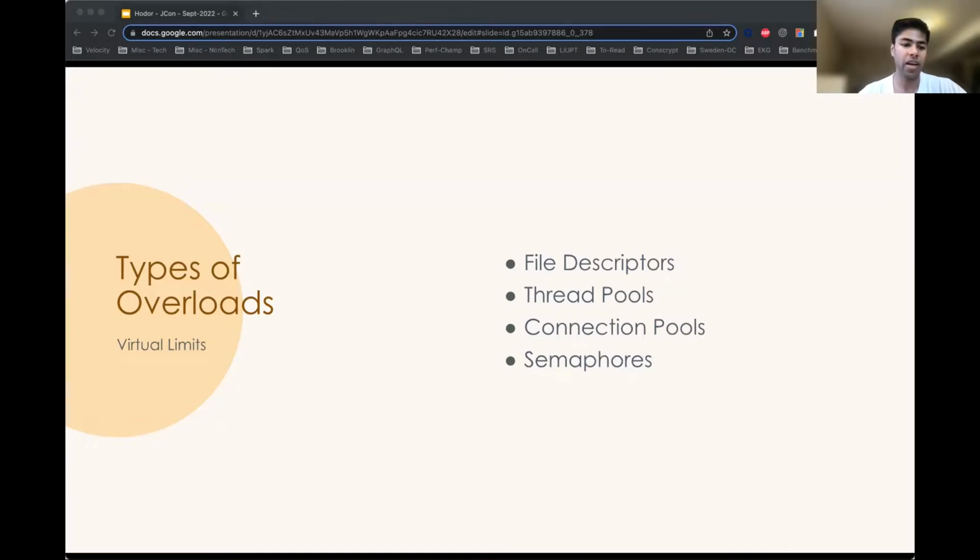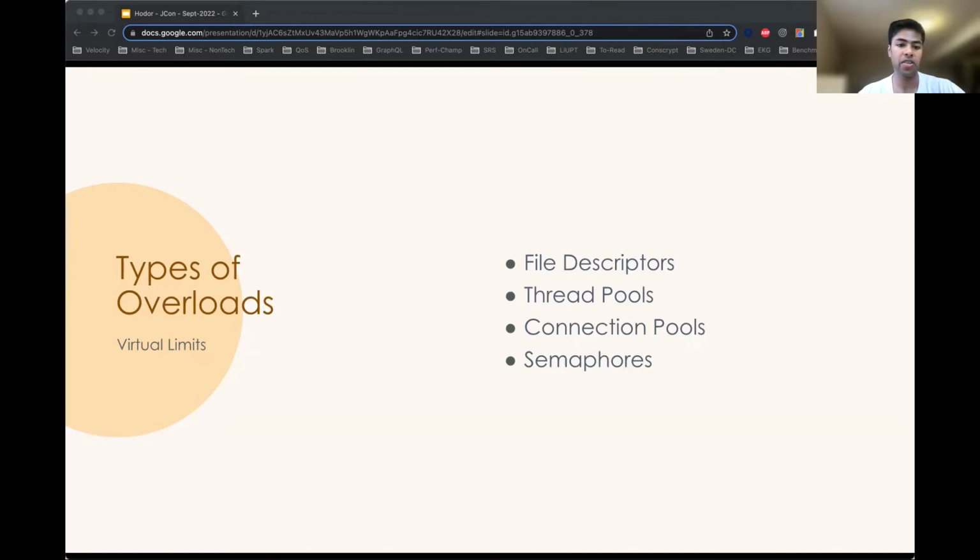All right, so now that we've talked a little bit about the physical resources, let's look into what virtual resources are. Now, virtual limits or virtual resources are different altogether, but they can have a very similar impact when exhausted. Some examples of virtual resources include threads available for execution, pooled database connections, or semaphore permits.